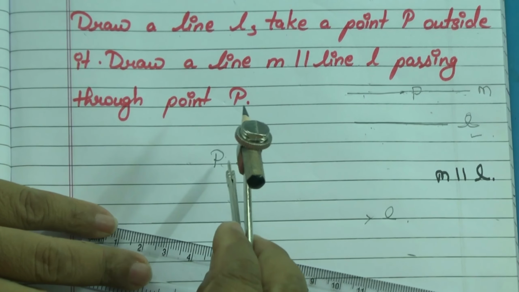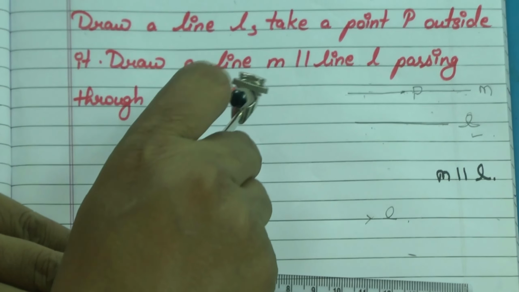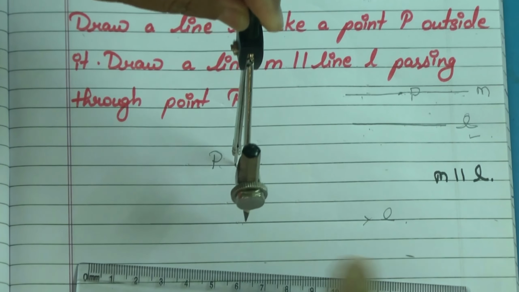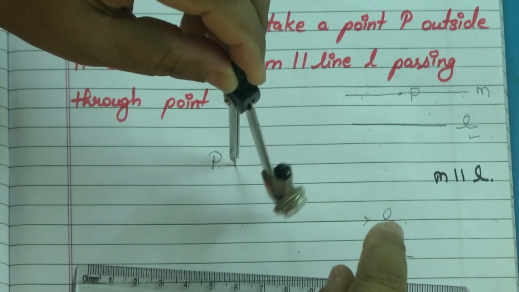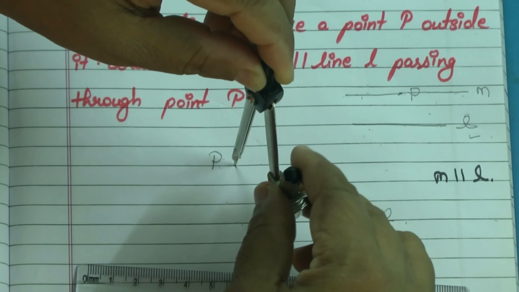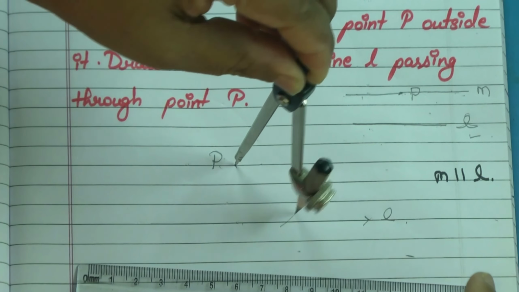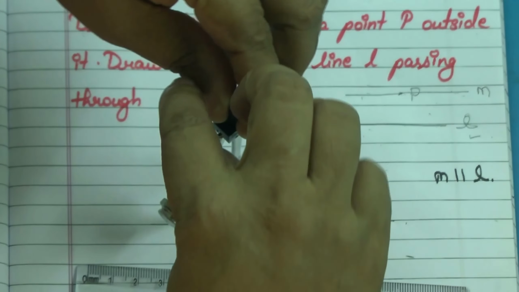So, how do I begin it? Let me take the pointer of my compass on the point P, and this is my line L, and give 2 arcs on line L. You have to take the distance.